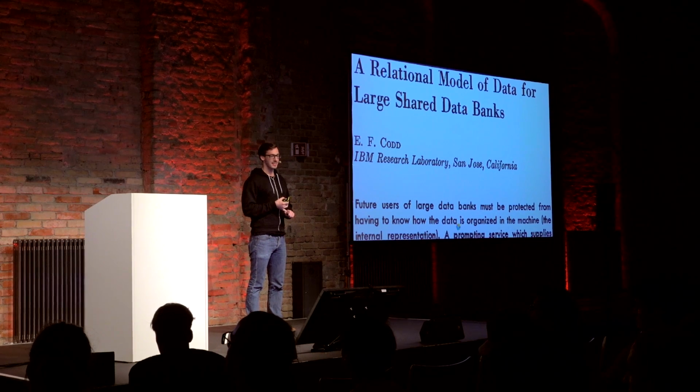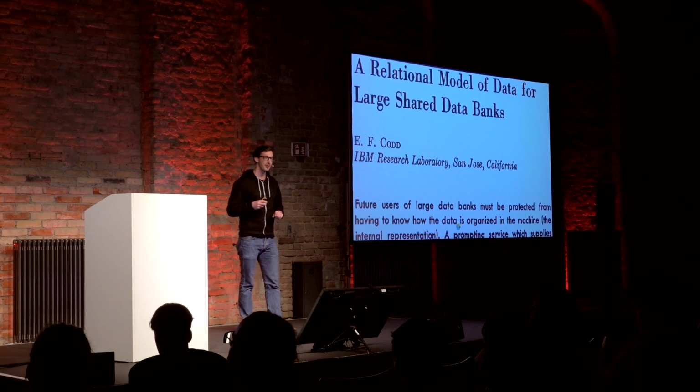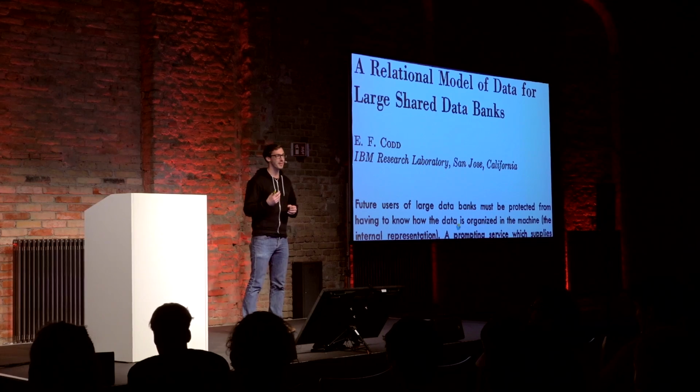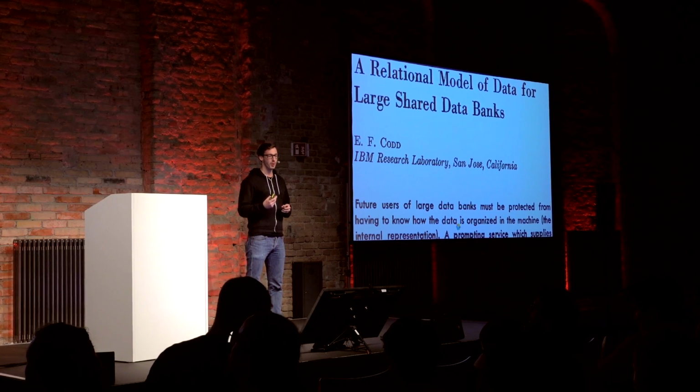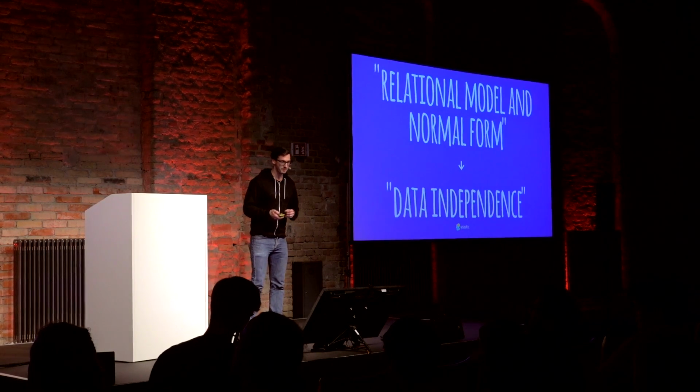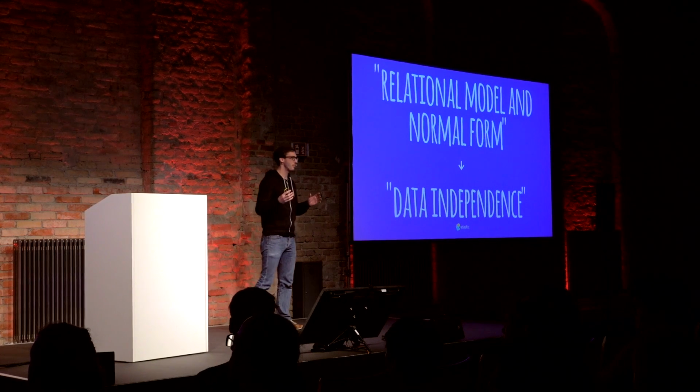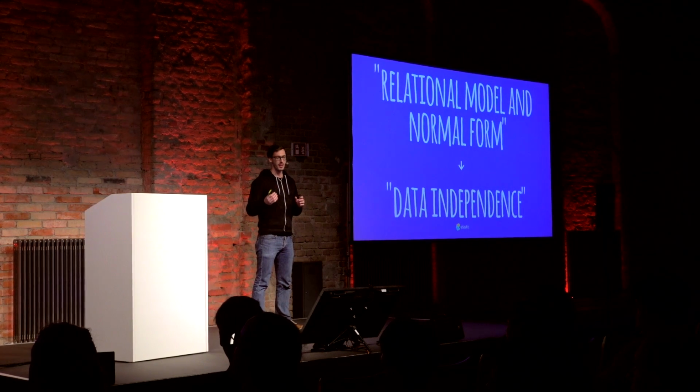Everything started in 1970 with the paper that started all the database stuff, by Codd: a relational model of data for large data banks. The gist of that paper was relational model and normal form, which led to data independence.